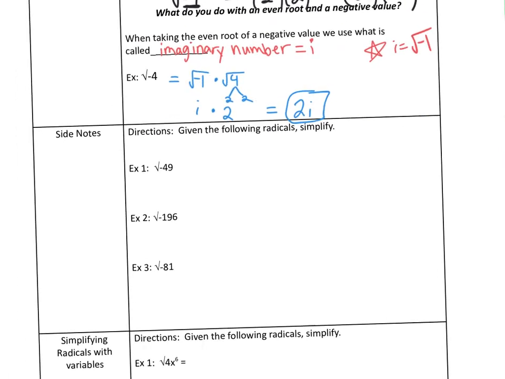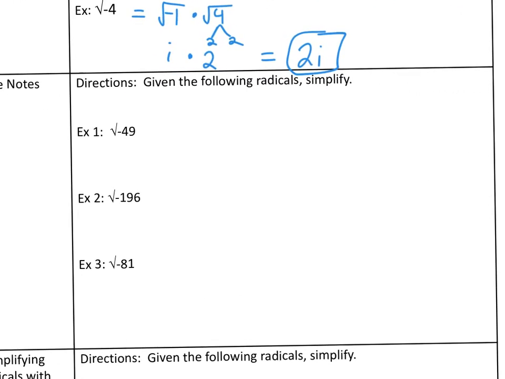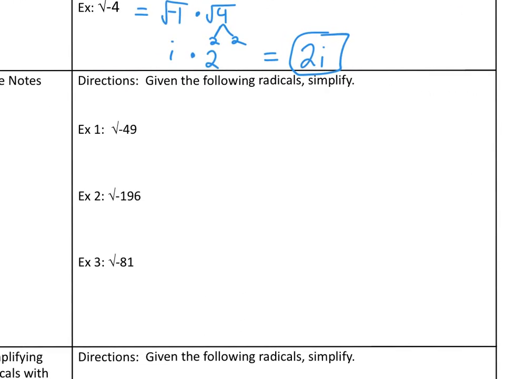Okay. Given the following radicals, simplify. So let's try them. The square root of -49 is basically just the square root of -1 times the square root of 49. We said the square root of -1 is i.